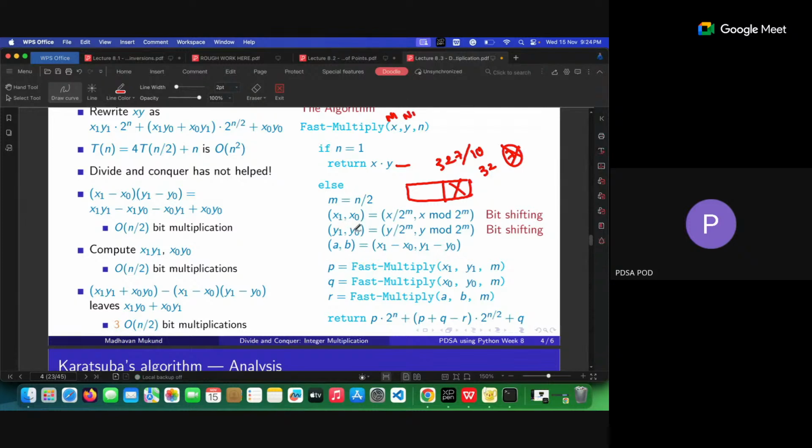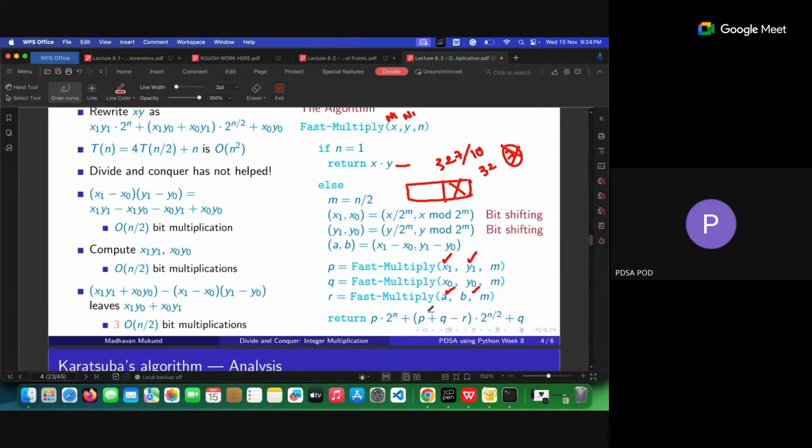So we get the 2 halves. Then we do the fast multiplication of the first half of the first number and the first half of the second number, and likewise for the second halves, the unit place parts.